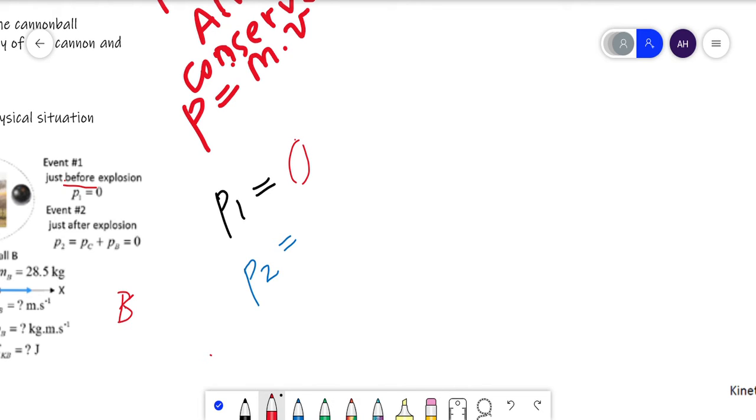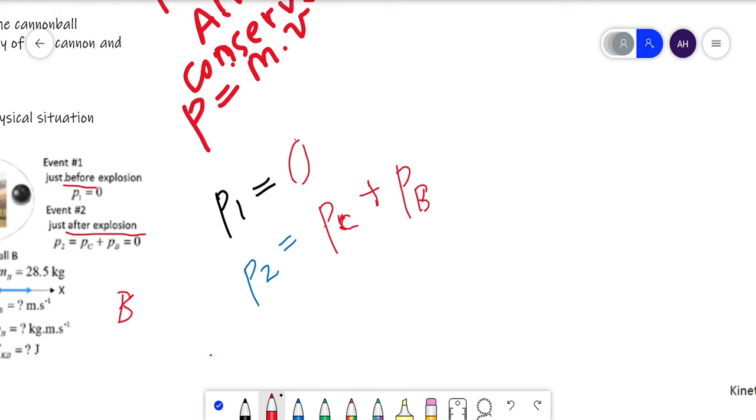Momentum is 0. P is momentum, don't forget that. Event 2, just after the explosion, so like the second after everything's gone into motion, P2 is equal to the momentum of the cannon lurching backwards plus the momentum of the cannonball, which has been launched and flying through the air.